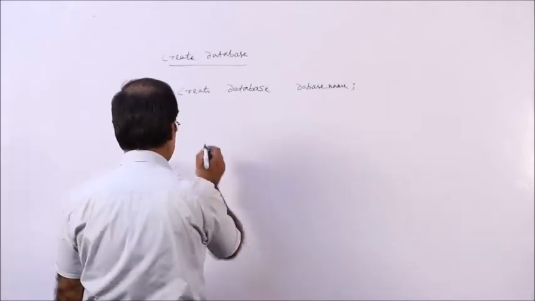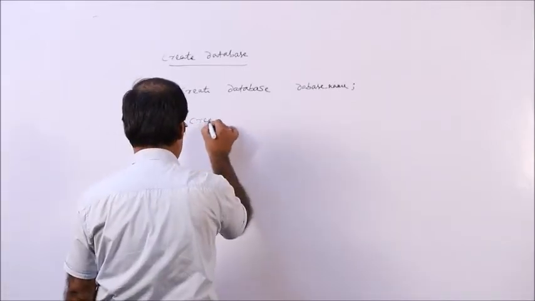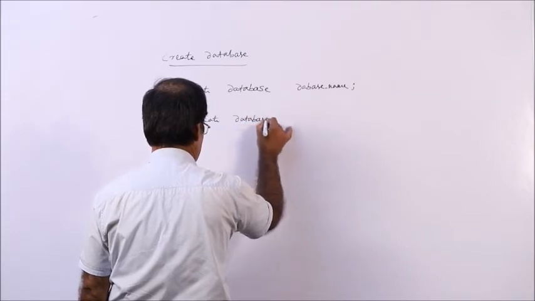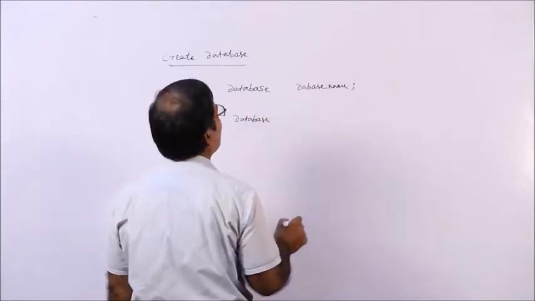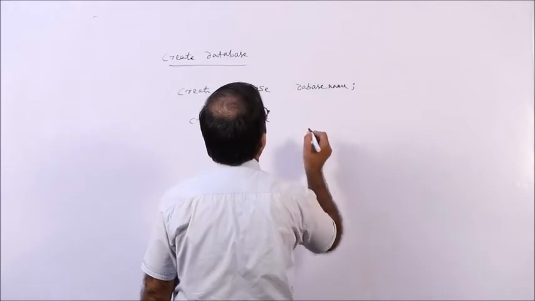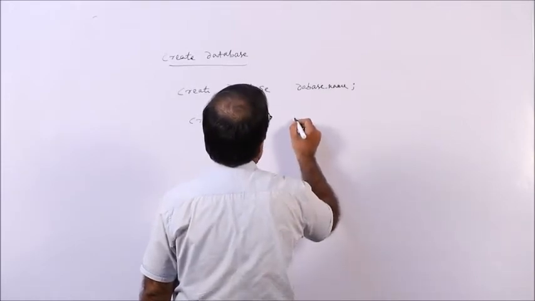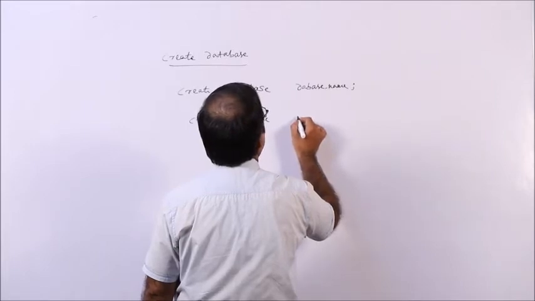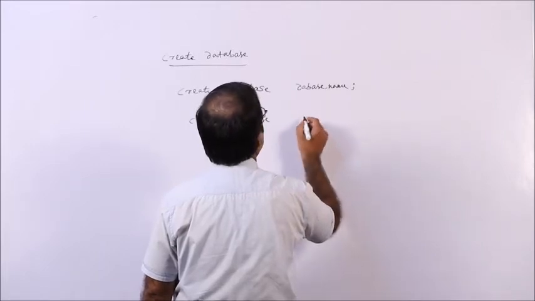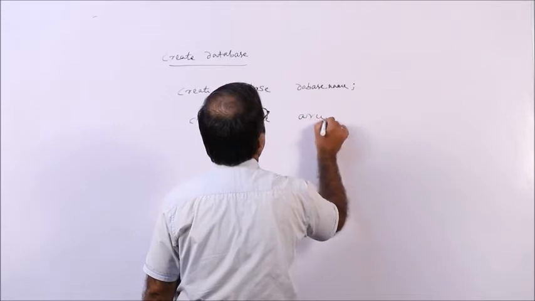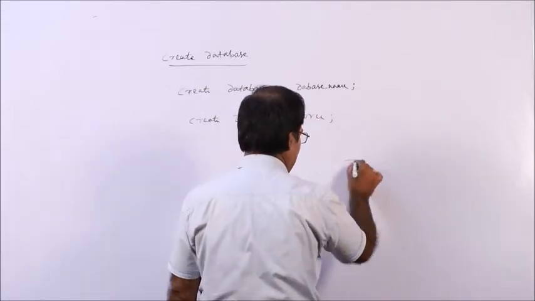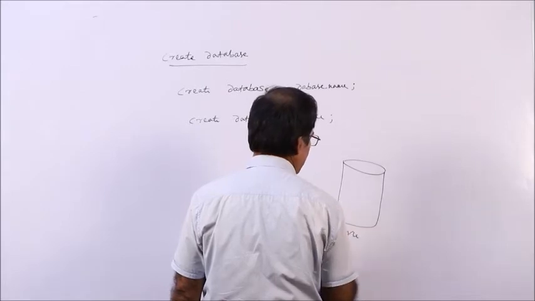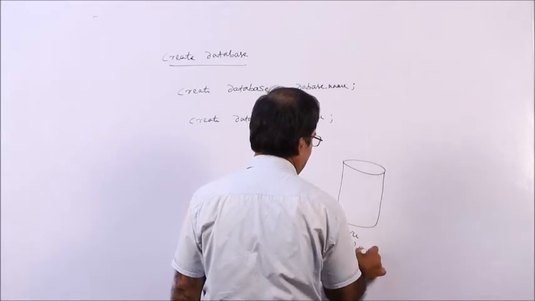So, for example, suppose I give create database, and then a name, whatever you want, your college name maybe. Whatever name you give, let it be Aru. So, that means one database is created, and its name is Aru. What is Aru? Aru is a database.